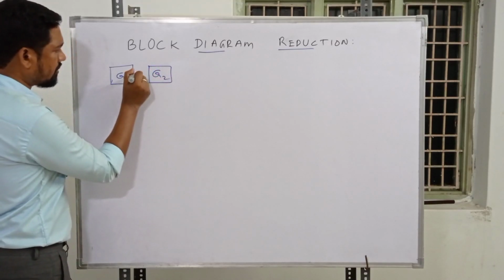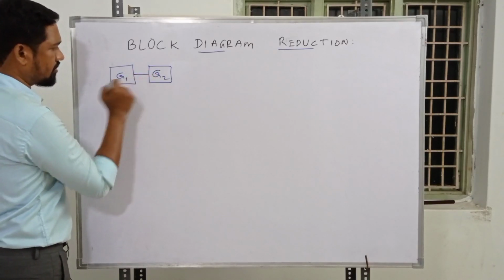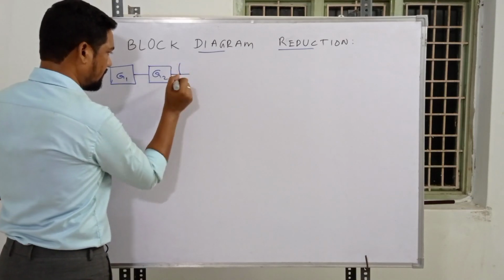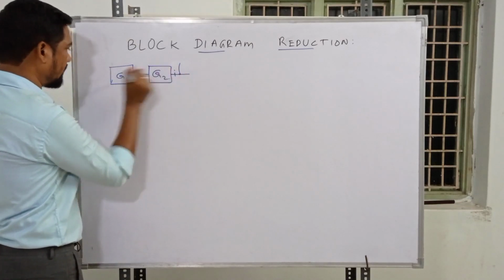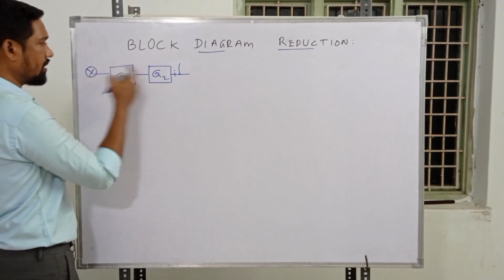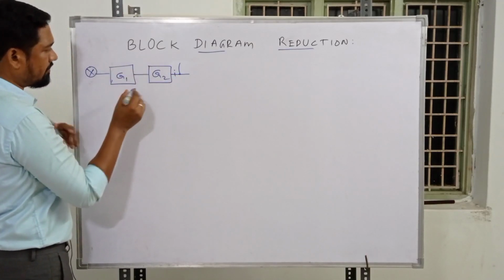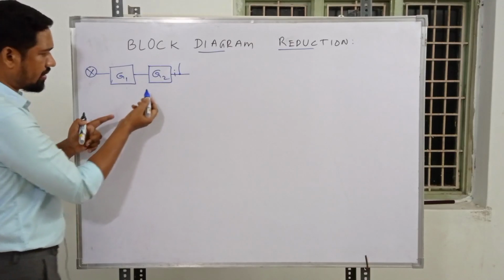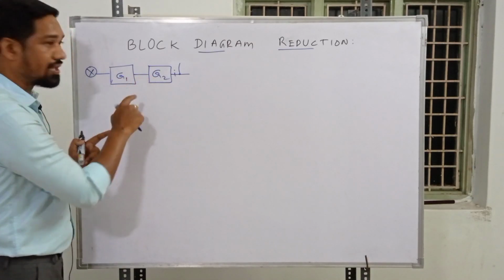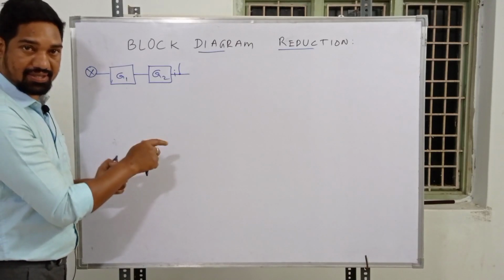Make sure nothing is in between this block and this block. You may have anything on either side, this component or that component, but make sure nothing is in between these two, and under that condition these two blocks are known to be in cascade, in series.